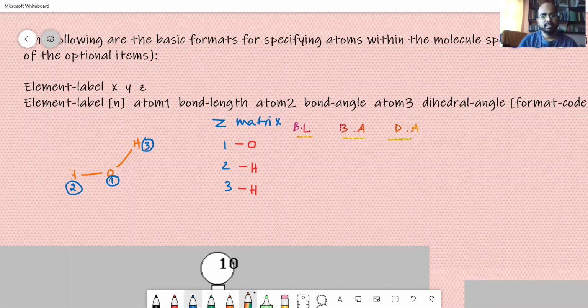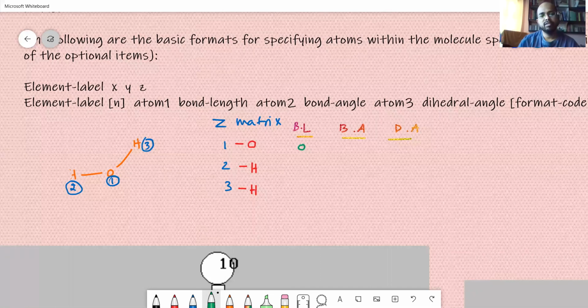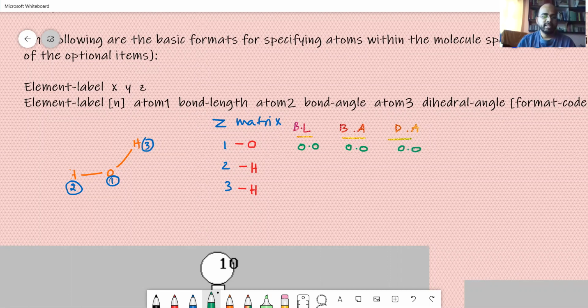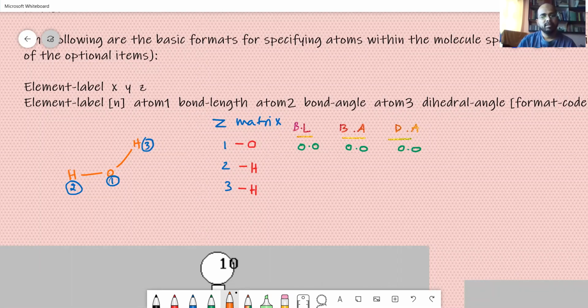I'm going to write the bond length. For the first atom, oxygen, there is no bond length. So I will write it as 0 0.0, 0 0.0, 0 0.0. For the second atom, which is a hydrogen atom, oxygen is connected to the hydrogen atom by about 1.09 angstroms.